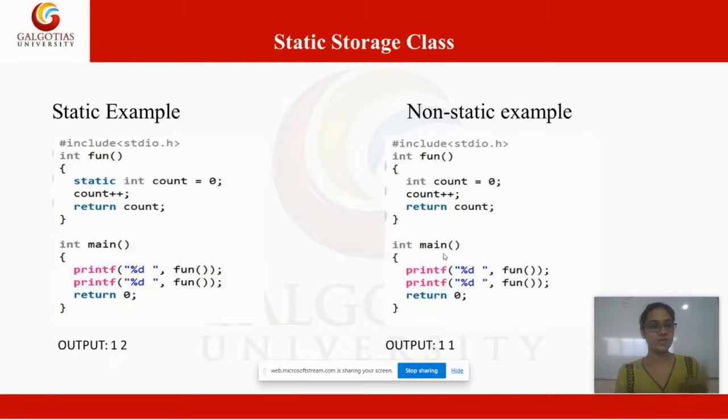As we can see in the first one, we are declaring a static int count, and in this non-static one, obviously there is no static keyword preceding int count. Now the mains are exactly the same. Here we are trying to call the printf method, which is an inbuilt method. And inside that we are trying to take help of another method, which is the fun method here. So it is called calling of another function. So we are calling another function named fun.